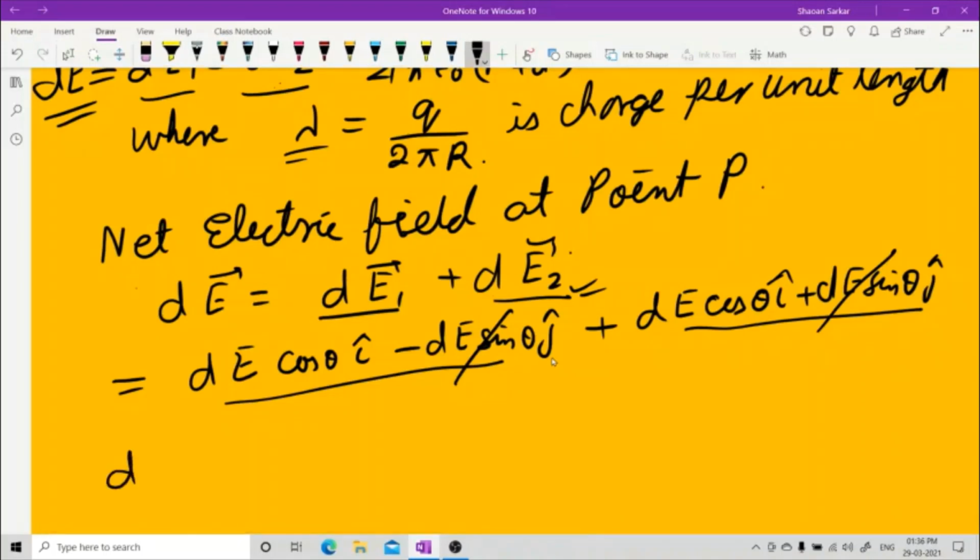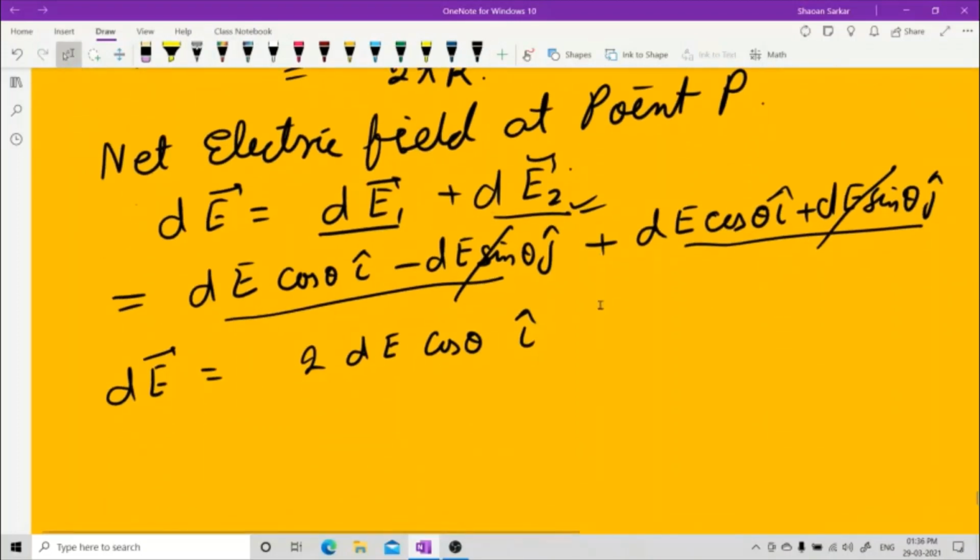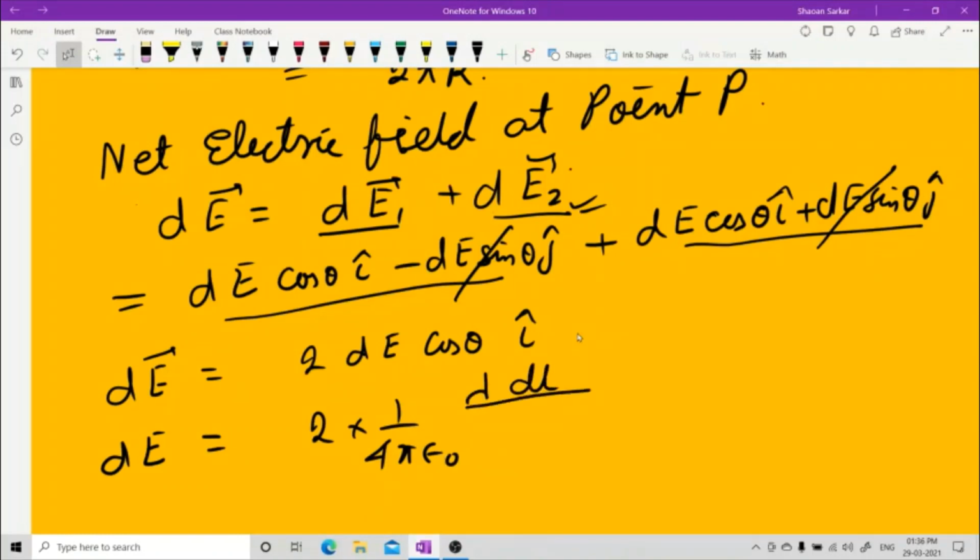So now dE is nothing but 2dE cos theta i cap. That's it. Now just put the value of dE and everything, and then we'll go for the integration. Now you see, dE is equal to 2 into 1 by 4 pi epsilon naught lambda dl upon r square plus a square, and then you have cos theta i cap.